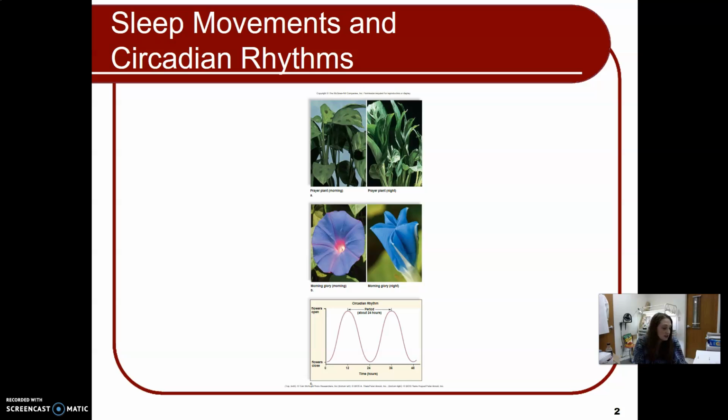They do this based on a day-night cycle. A circadian rhythm is a period of about 24 hours, and you can see from the graph at the bottom, the flowers are closed, the flowers open when it's daylight, the flowers close, and it's pretty much based on a time cycle.